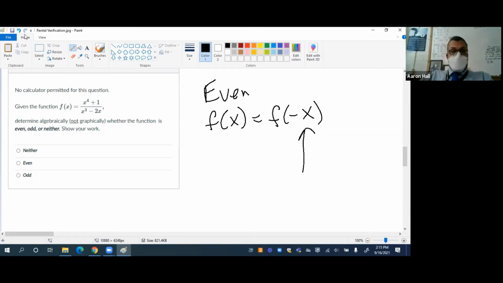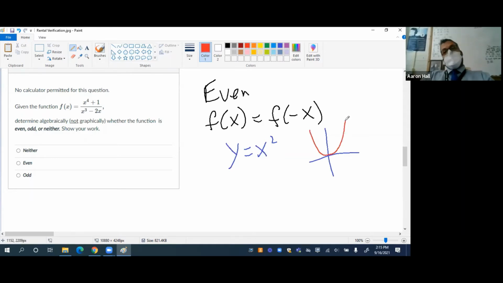It's a horizontal flip. So let's look at something even, like y equals x squared, which looks like this. What happens if I do a horizontal flip? It falls back on itself, so you don't see anything. So do you see how f of x equals f of negative x?